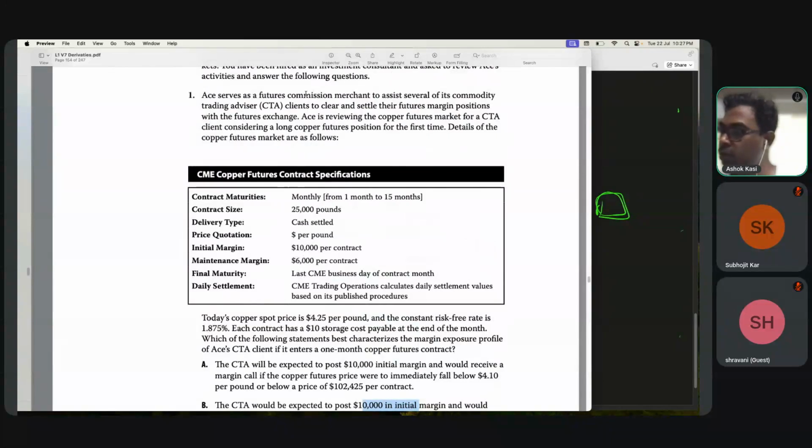ACE serves as a futures commission merchant to assist several of its commodity trading advisor clients to clear and settle their futures positions with the futures exchange. ACE is reviewing the copper future market for a CTA client, considering a long copper future position for the first time.